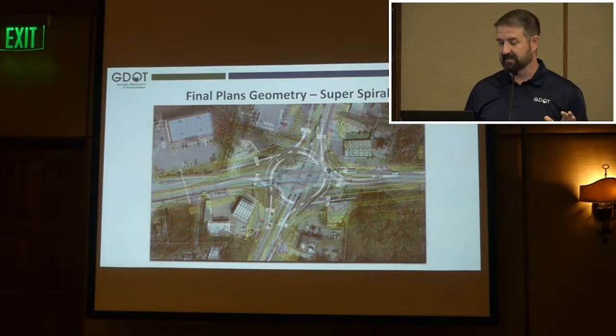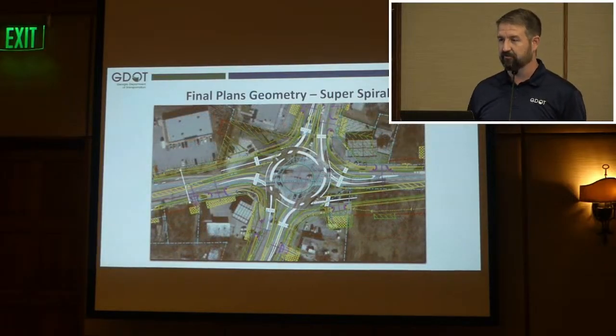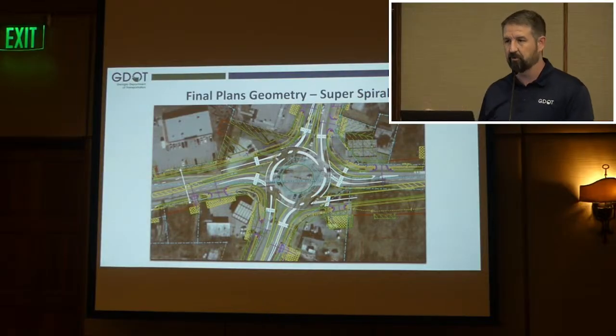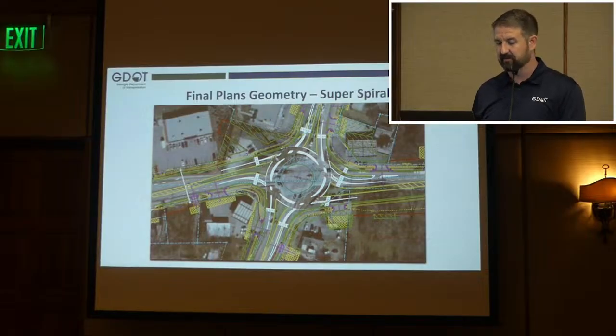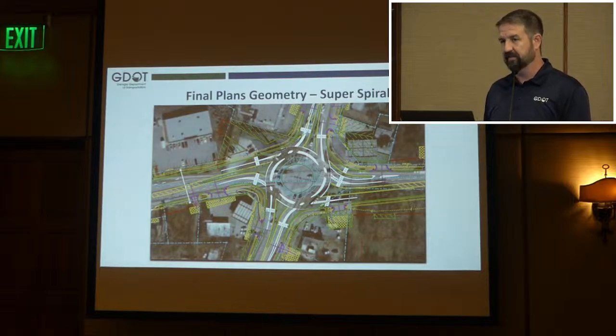Essentially, the idea is we're going to do a spiral entry on all four legs with raised elements. In this case, this was before we really started going full turbo mentality with raised elements in the roundabout. So you see buffered areas inside the roundabout. They're actually grounded rumble strips, widened, so we get a lot of the benefits, but not quite the same benefit as full raised elements throughout.